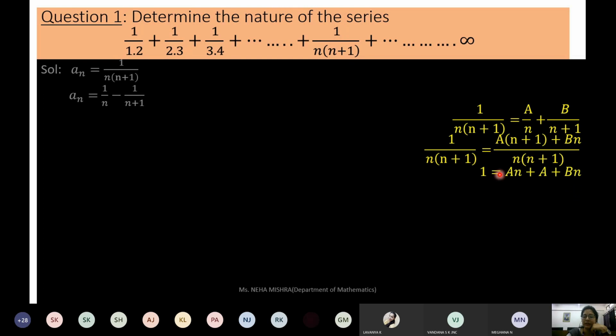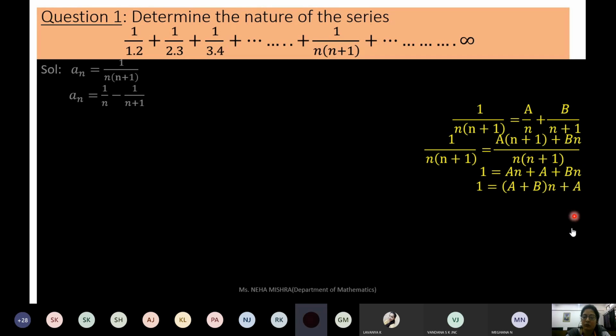So you will get 1 is equal to An plus A plus Bn. Now after this, you have to take n common. Whatever variable you have, you take that variable common. One n is here, another n is here, so you will take n common. So you will get 1 is equal to (A plus B) into n plus A.